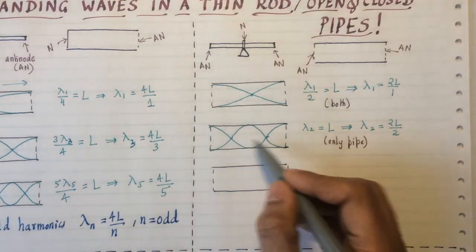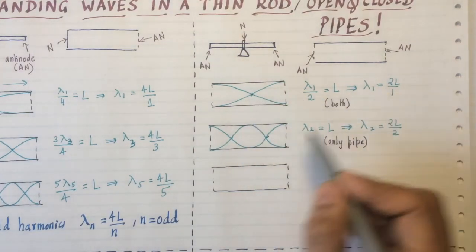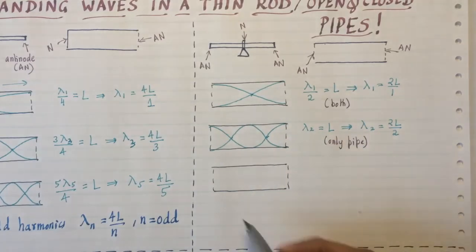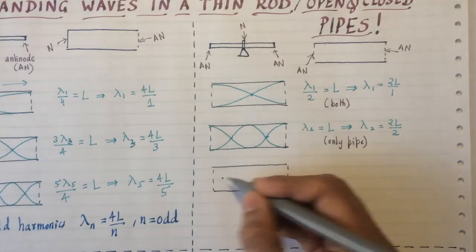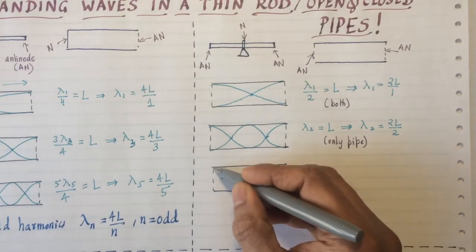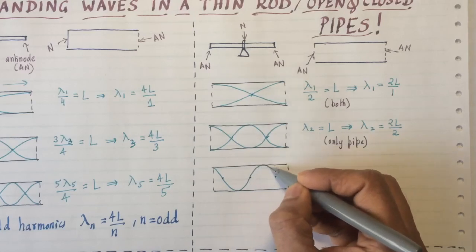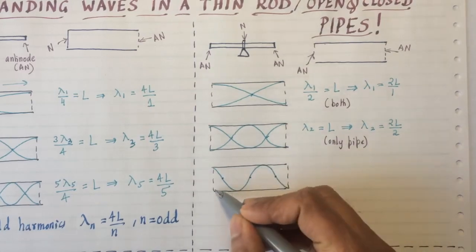So the number of nodes in the middle show up as the subscript here. That's one node, lambda 1, two nodes, lambda 2. So now we're going to have 3 nodes. And this time you do have a node in the middle, so it also addresses the rod in this case.